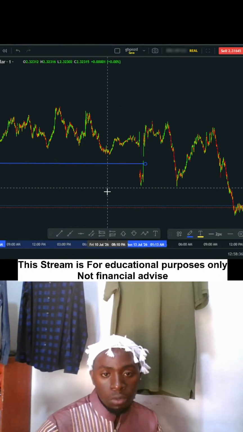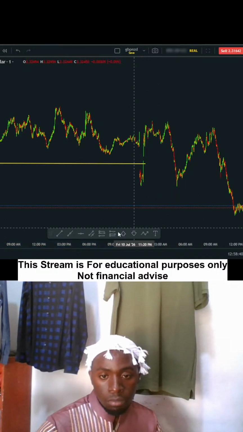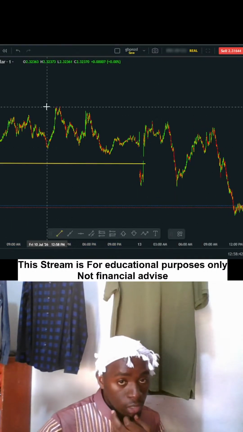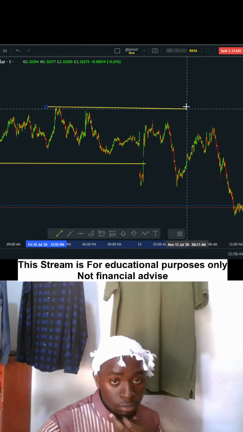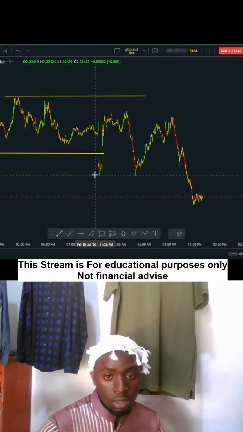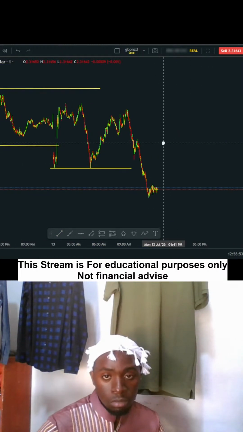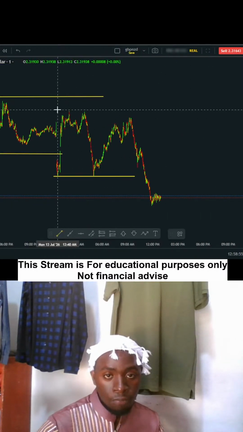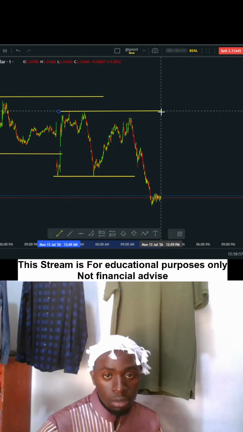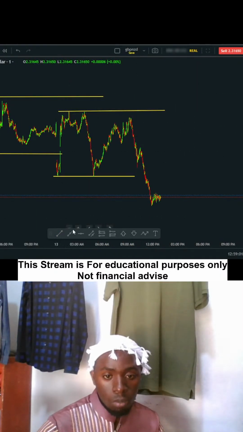So we'd assume that would be our low, our high right there. Got that break below. Our high right there. Oh man, still on there.